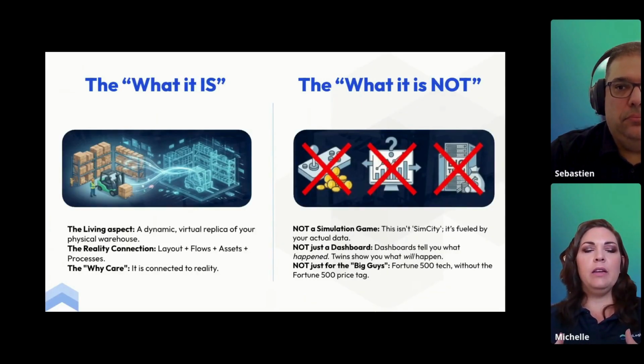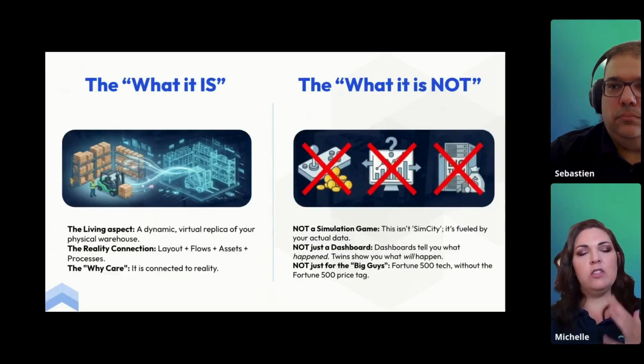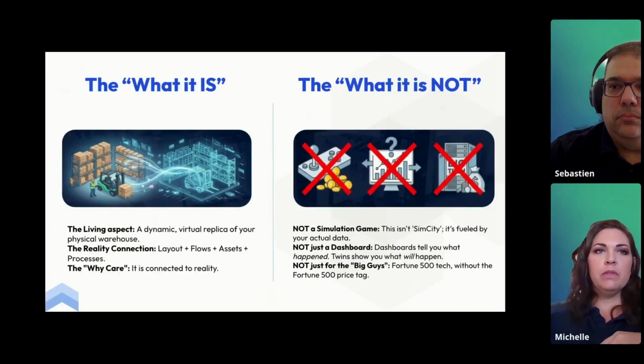It can see the layout, the flows, the assets, the processes. It maps all of that together. When that forklift moves and picking starts happening, the system knows that that is happening. So it really is connected to the reality. It's live.